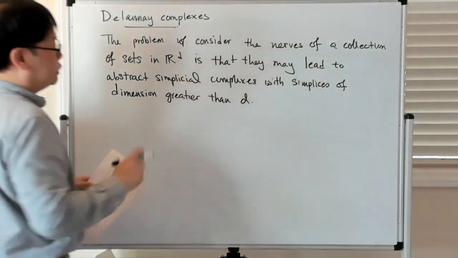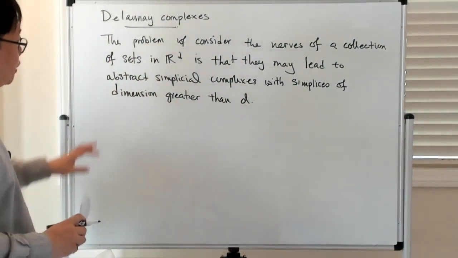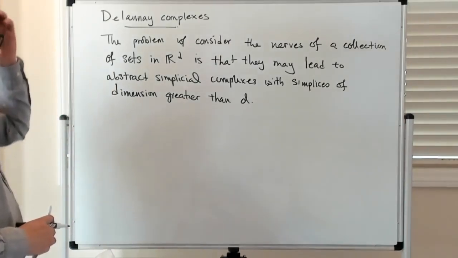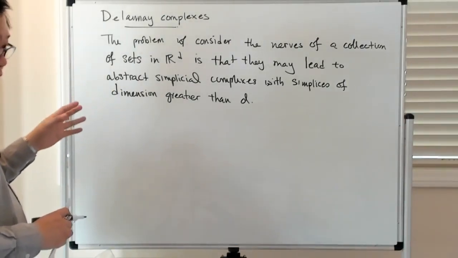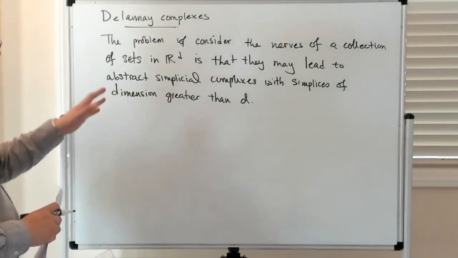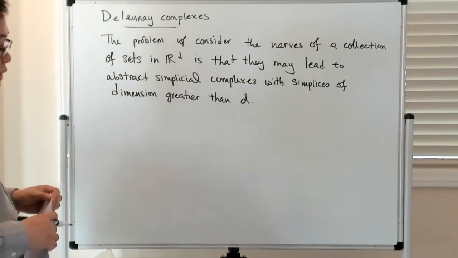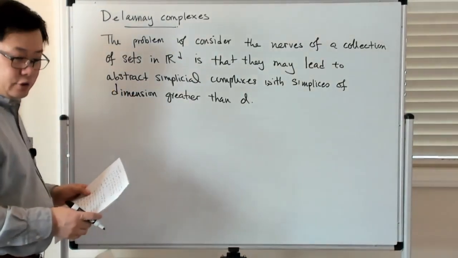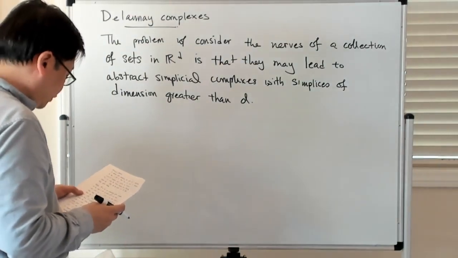So we're going to set up the stage for considering different types of complexes constructed from point cloud data, which will have the property that they have simplices of at most dimension D. Okay. So before we do this, we're going to have to introduce the idea of sphere inversions.